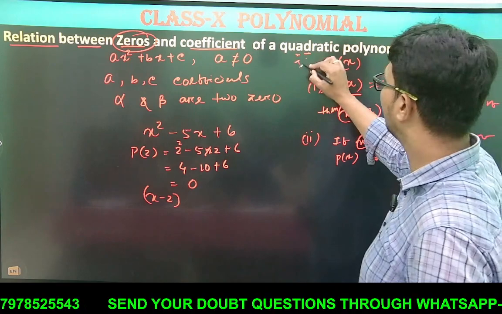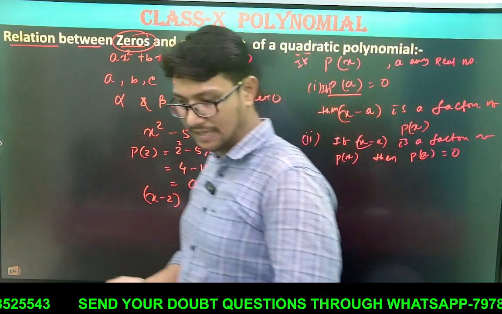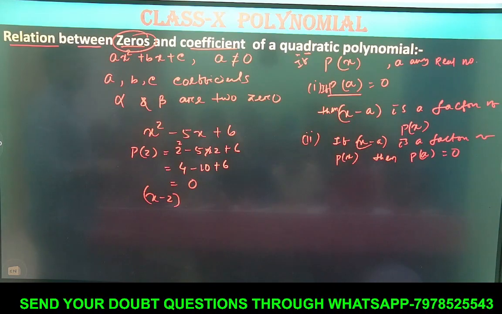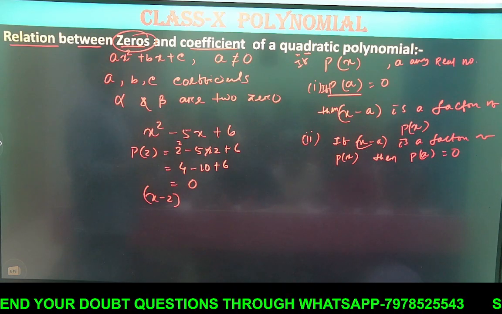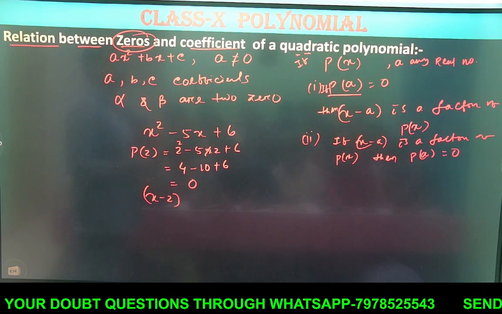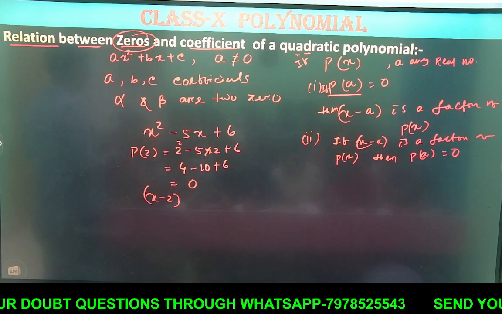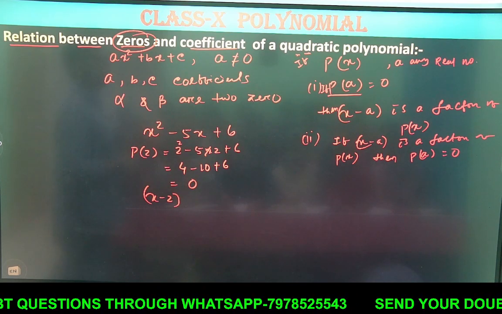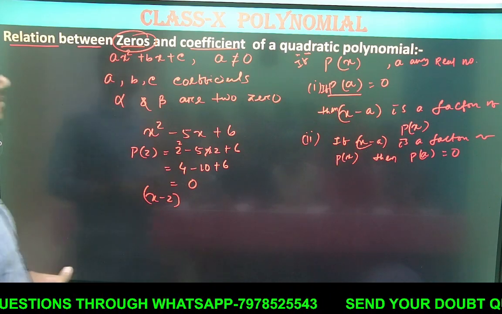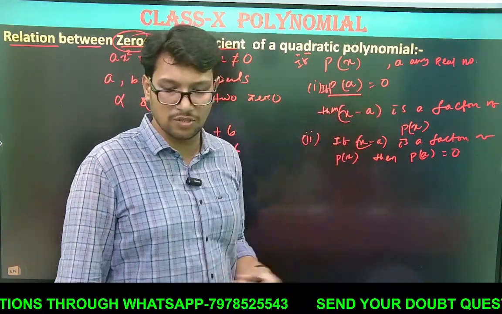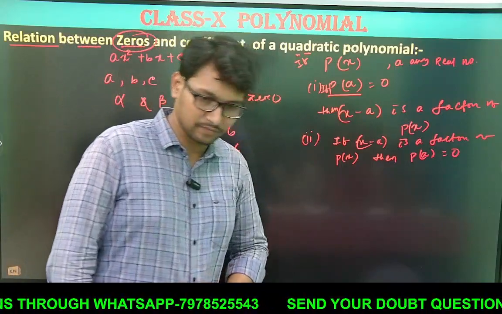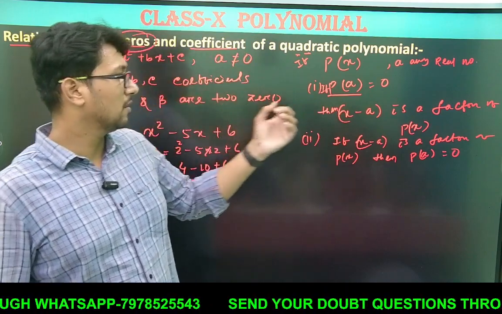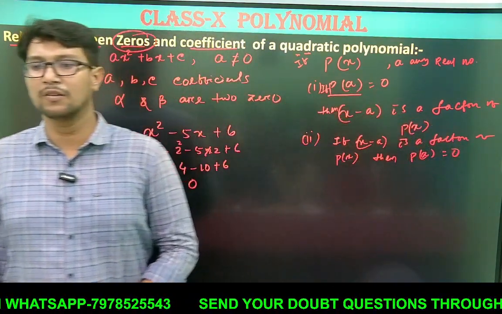See, if p of x is a polynomial and a is any real number, then the first bit: if p of a equals 0, then x minus a is a factor of p of x.